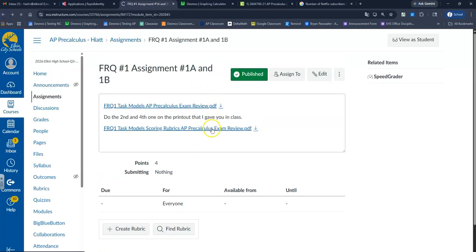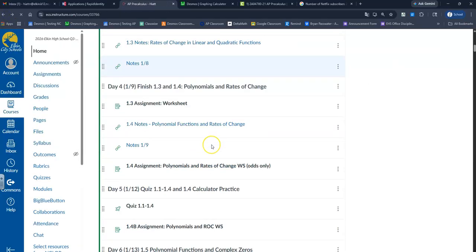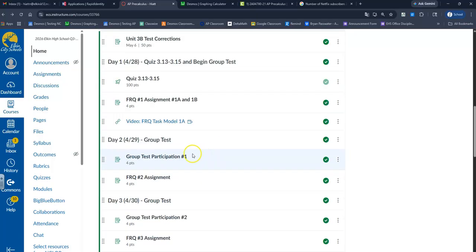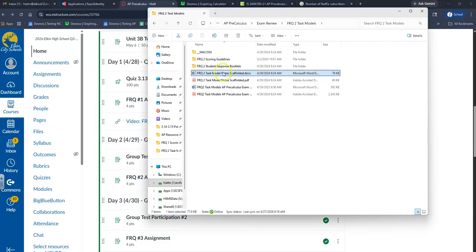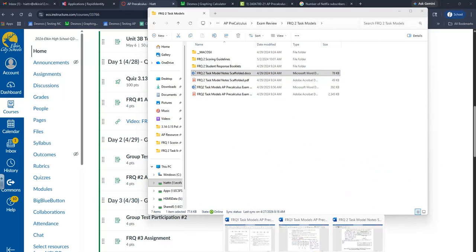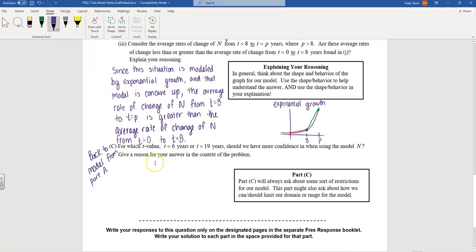Oh wait, maybe I didn't have that one open. Where's it at? I don't think I've got the key on this. I'd have to go search forever. I'm going to give you what I would say, and I'm going to double check and make sure it's okay.